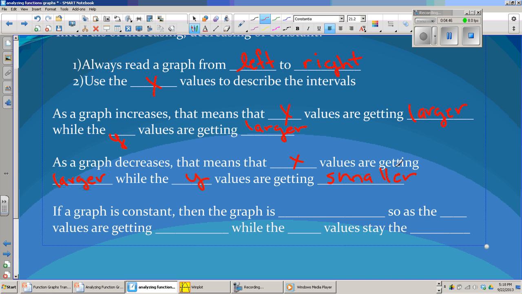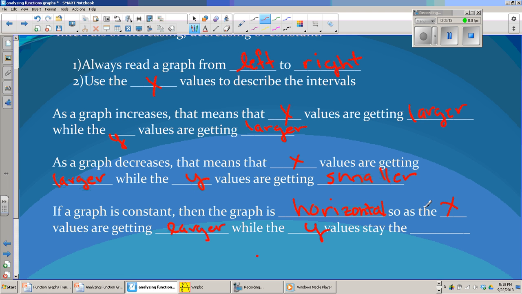If a graph is constant, then the graph is horizontal. So as the x values get bigger or larger, whichever way you want to say that, then the y values will stay the same.